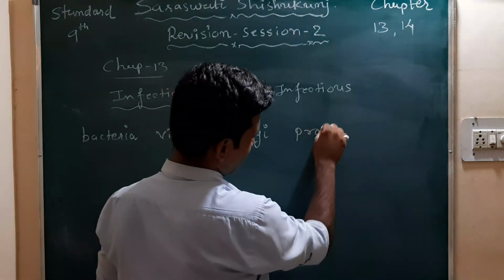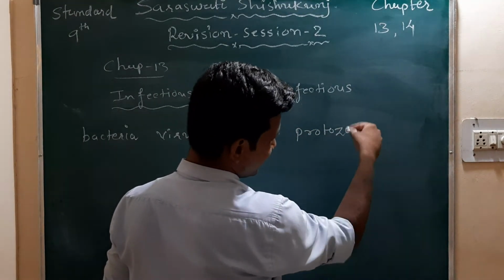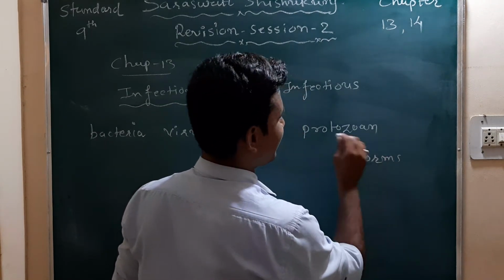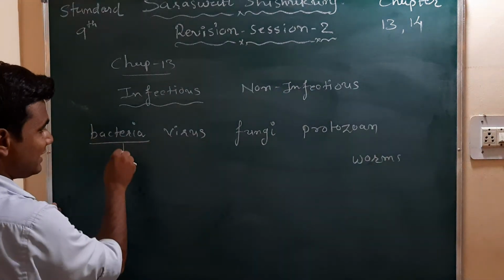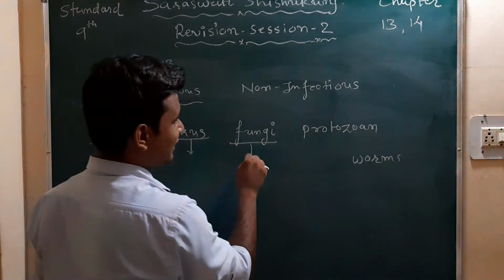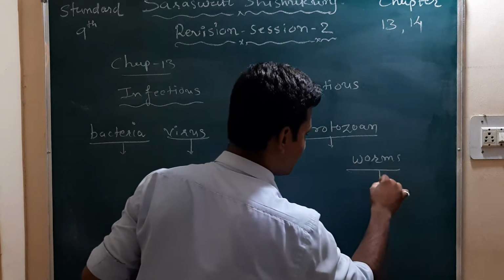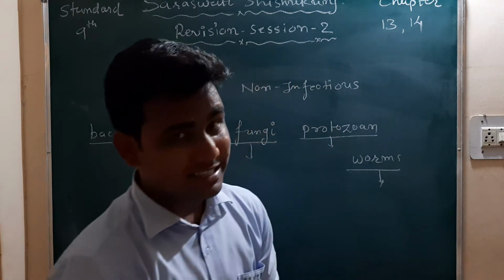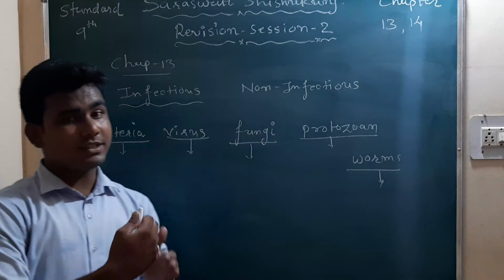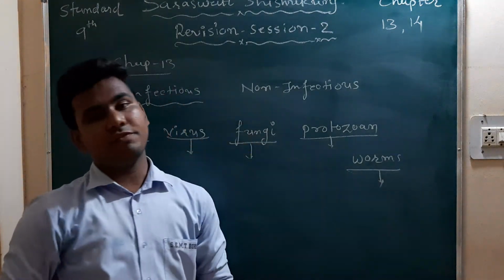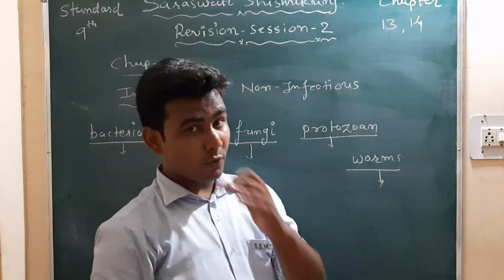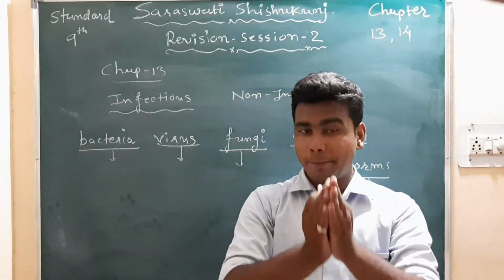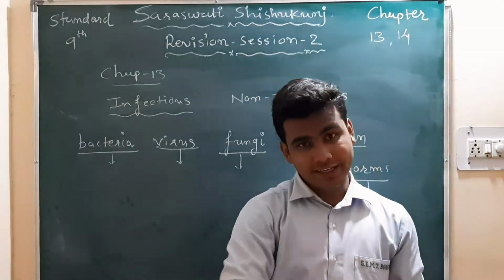By protozoans, or single-cell organisms, or by worms, which are multicellular organisms, right? So which type of disease is caused by what factor of infectious disease is also very important to prepare for your examination. It is already provided to you in the worksheet. Please go through the worksheet. You will get a detailed study of it.